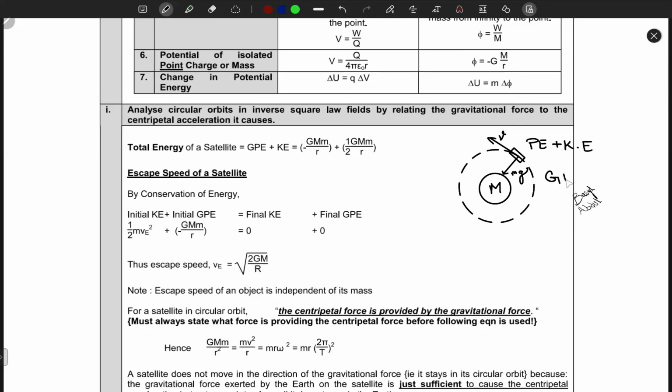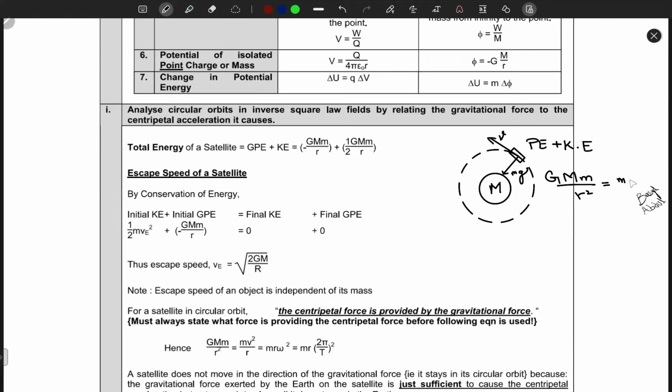So that is GMm by r squared. This is the gravity, and the resultant of this gravitational force is what keeps the satellite in the orbit of the Earth.